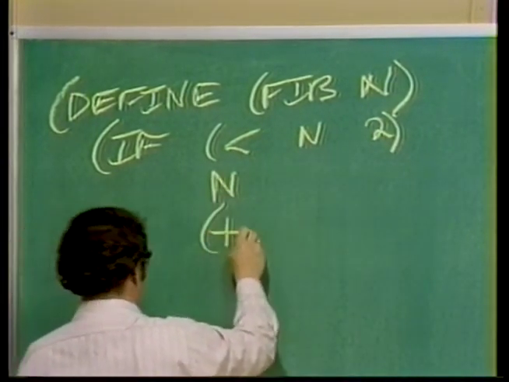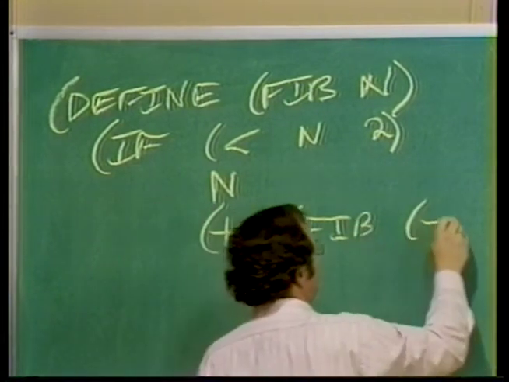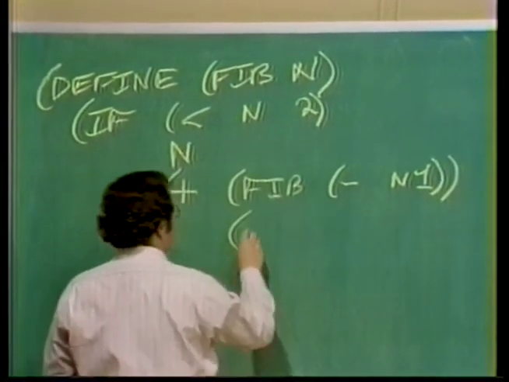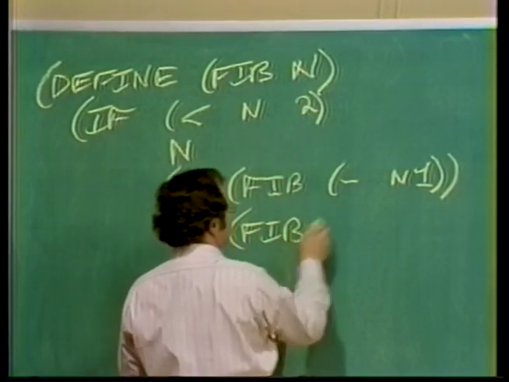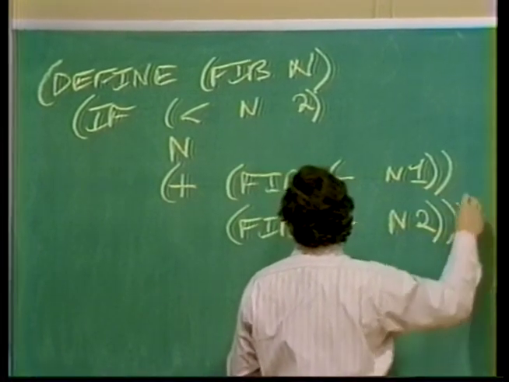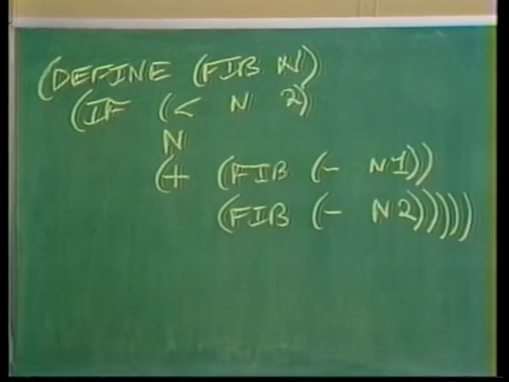Otherwise, it's the sum of fib of n minus 1 and fib of n minus 2. That's the plan I have here, and we're just going to write down the controller for such a machine.